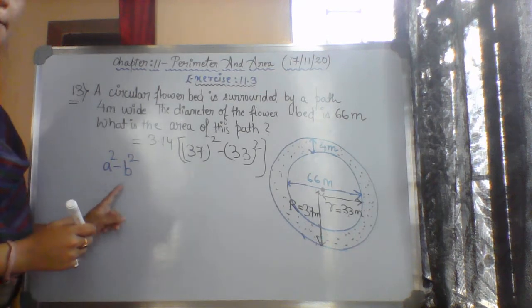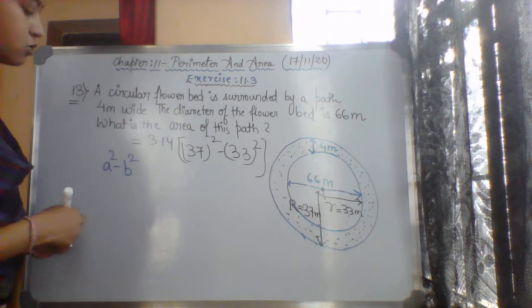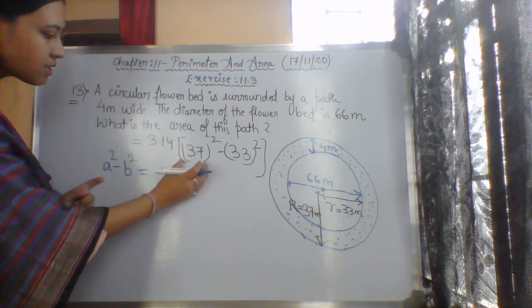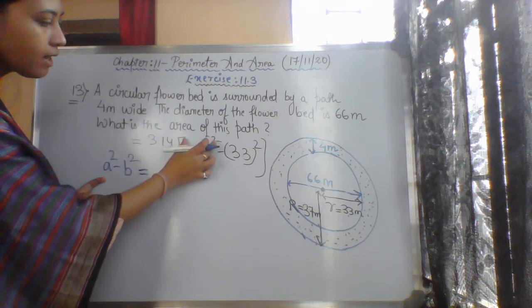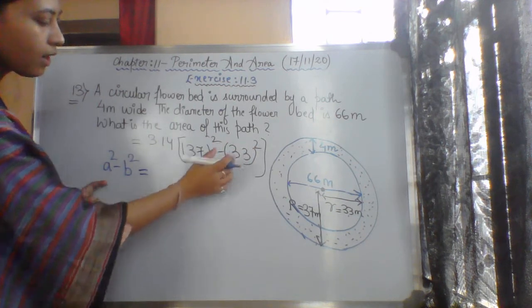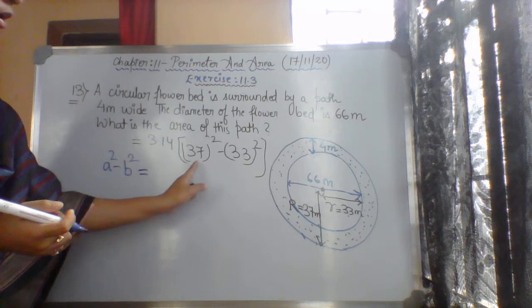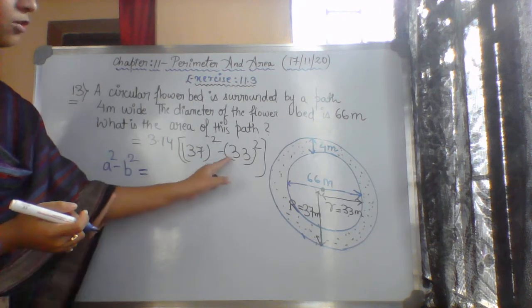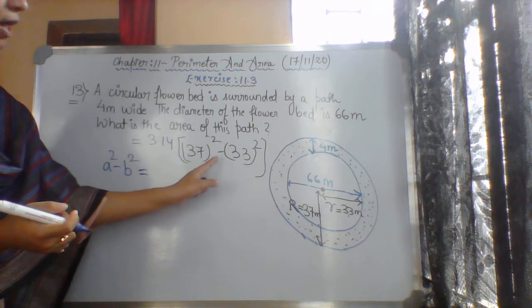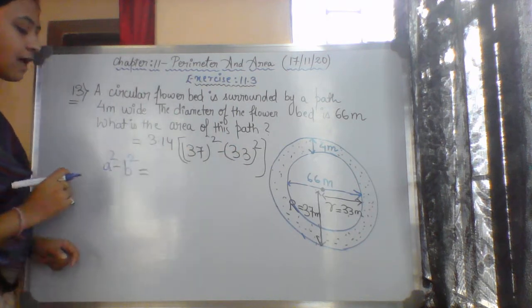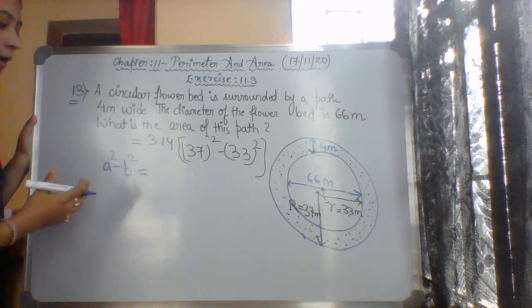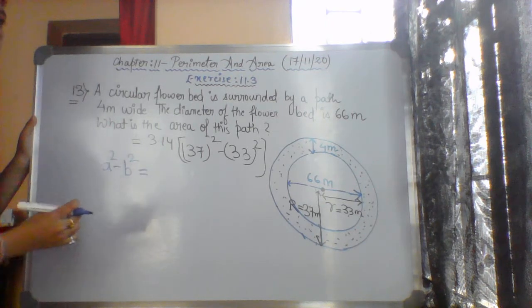A square minus b square. Why I'm writing this is because it is in that form, a square minus b square, with a and b different. Here a is 37, b is 33. So it has one formula; you will learn how this formula came in the next class, or in class 9.